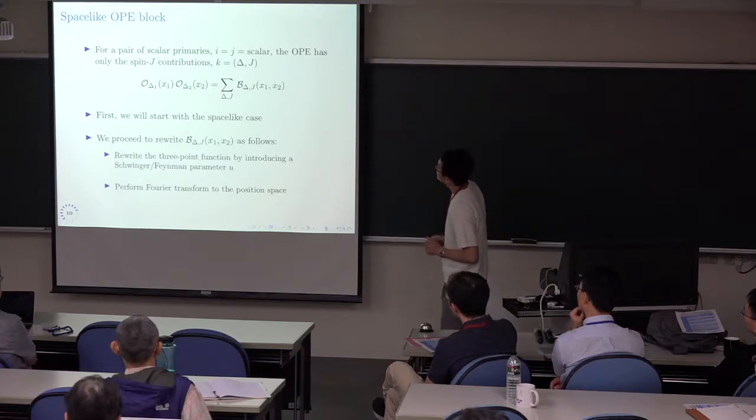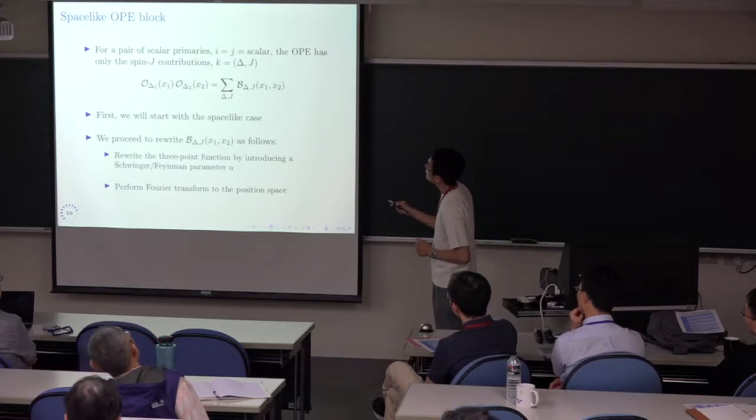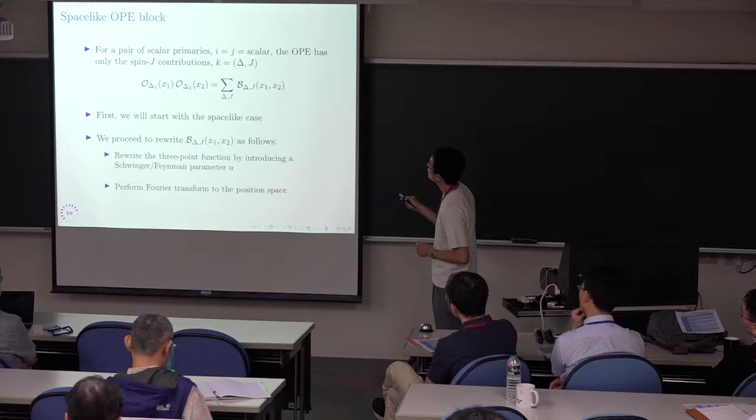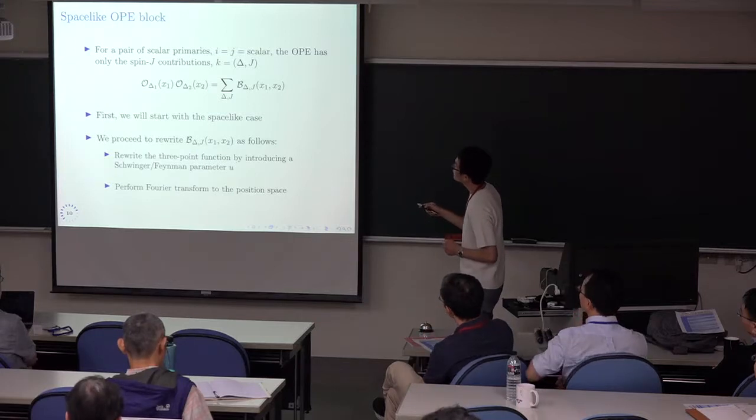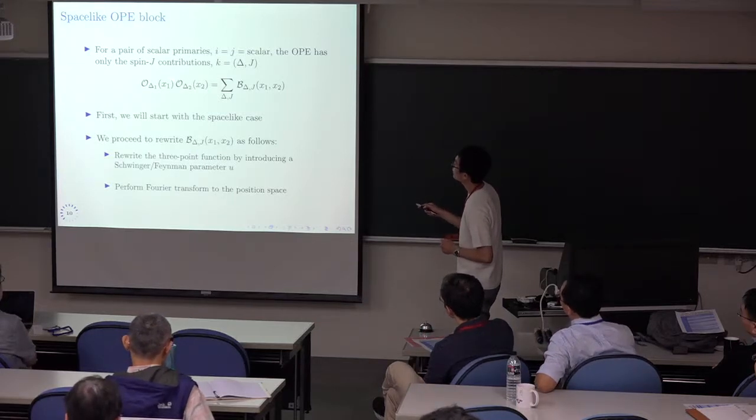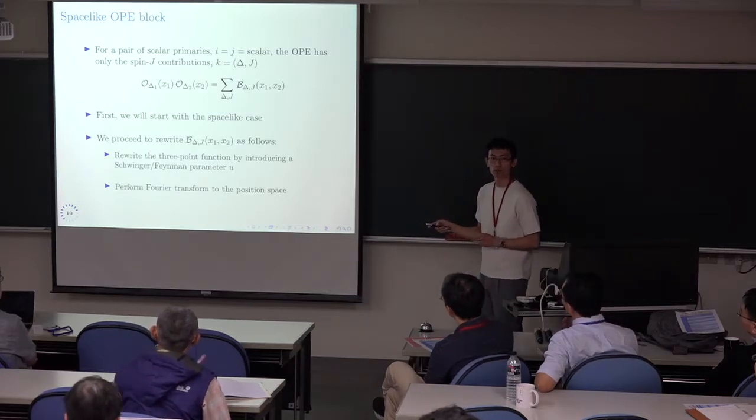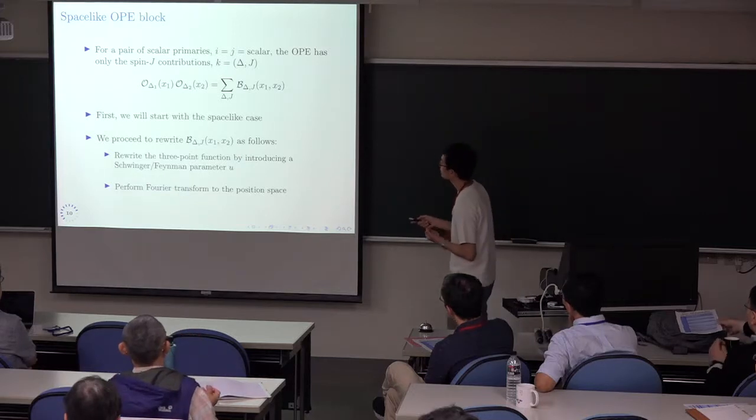Okay, now I'm going to focus on the space-like case, and also on the scalar OPE, O1 and O2, which are just scalar operators. In this case, on the right-hand side, you only have spin J contribution due to the symmetry restriction.